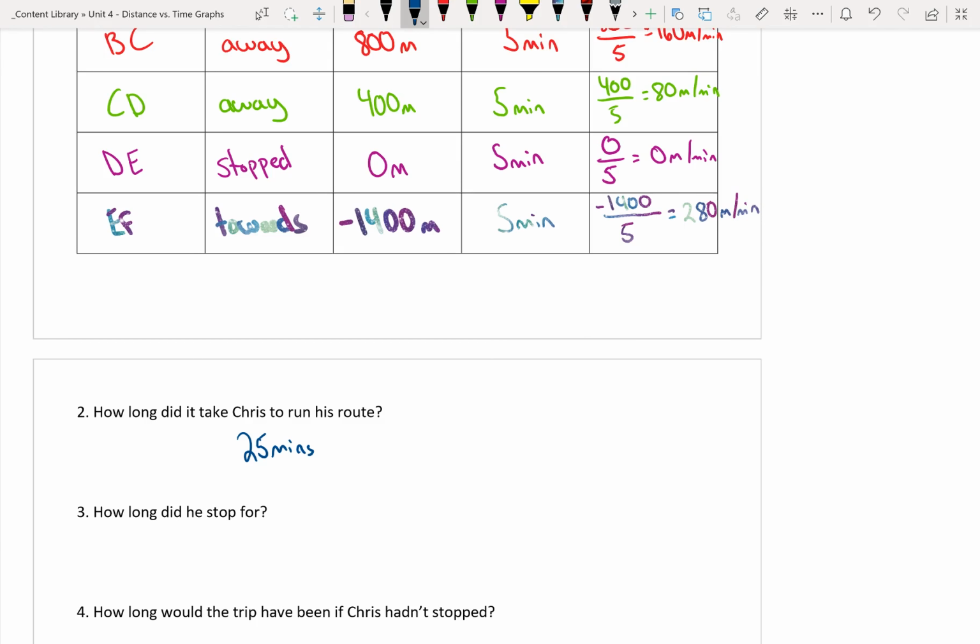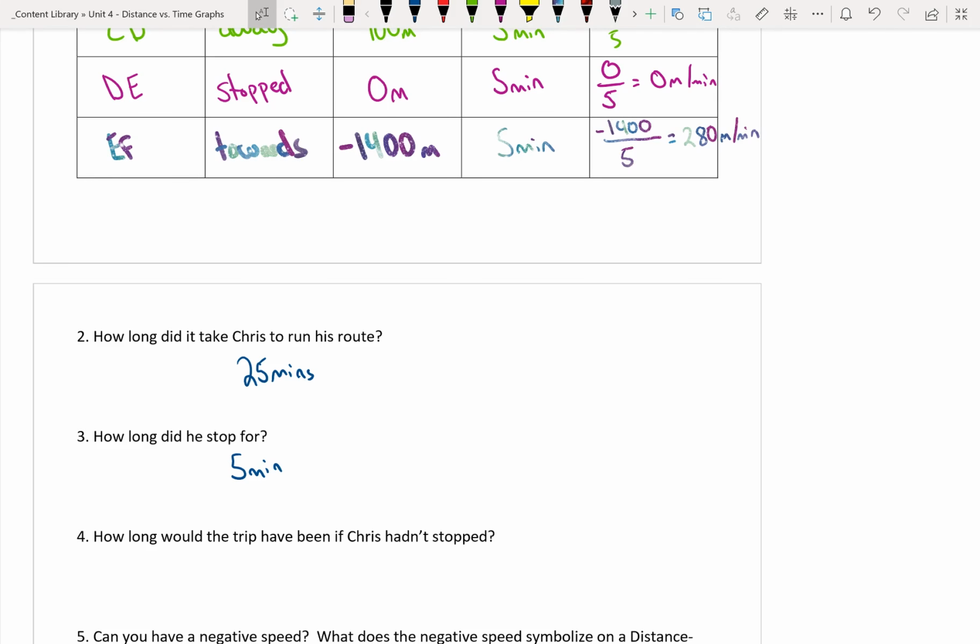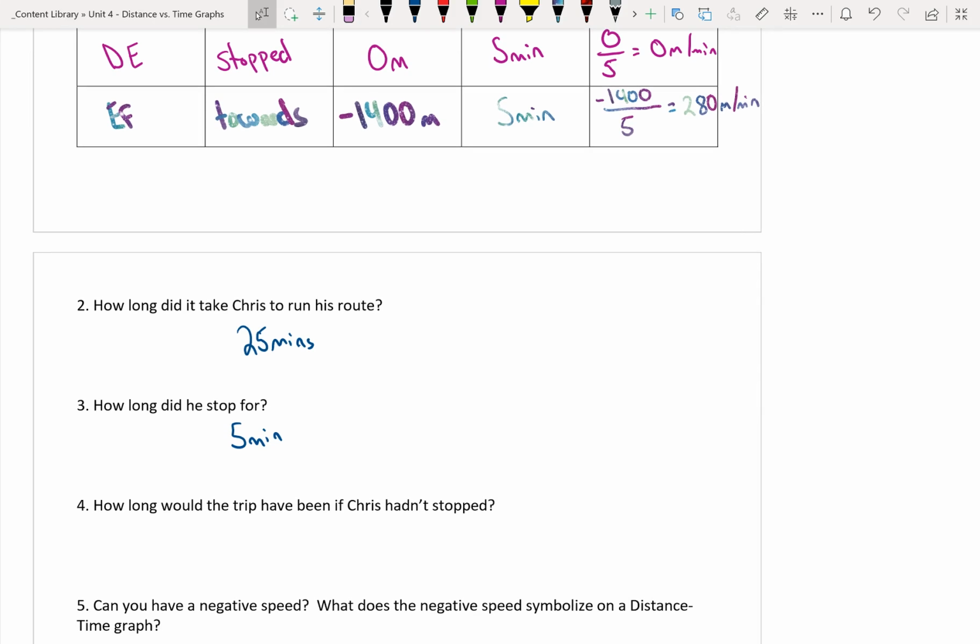There was only one section where he was stopped, and it was for 5 minutes. How long would the trip have been if Chris hadn't stopped? Well, if we just take out that section, that means we take out 5 minutes. So 25 minus 5 equals 20 minutes. So we could assume that his trip would take 20 minutes.